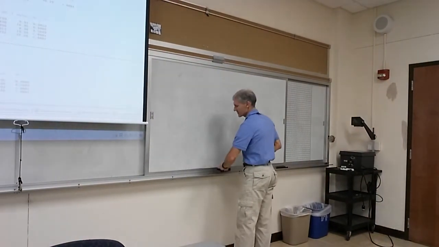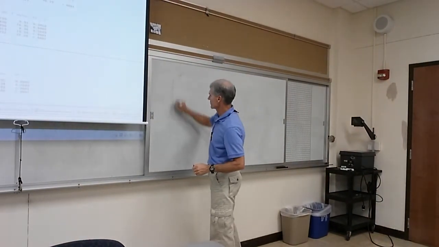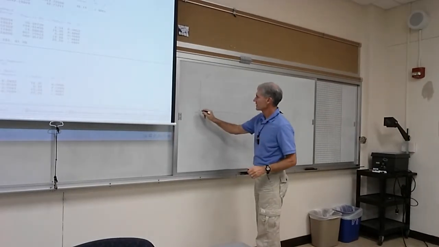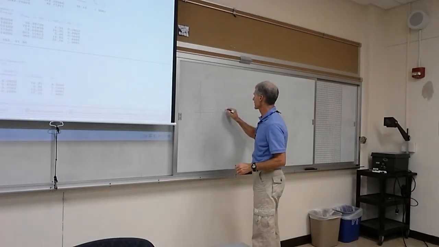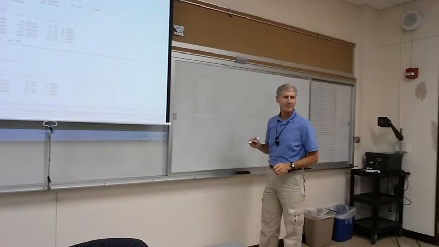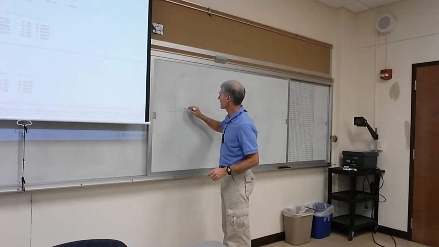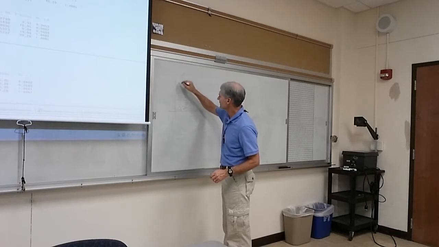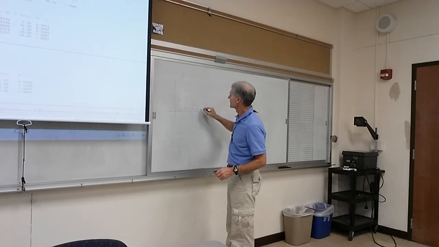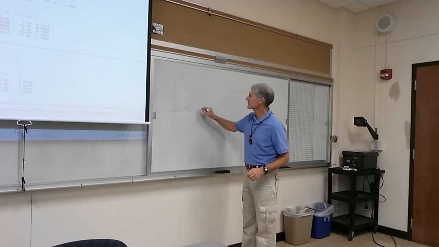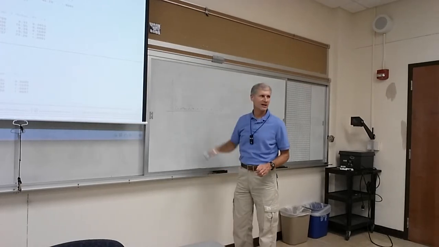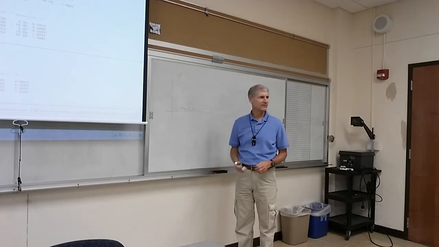We had one, see if this rings any bells with you. We had one where the 0 line was about right there. Right? And we had really heavy points around that 0 line, and then we had some smattering of points that would go up, but none that went down.